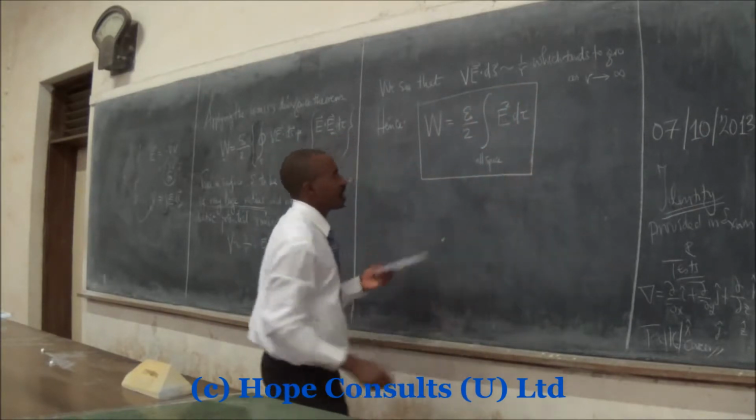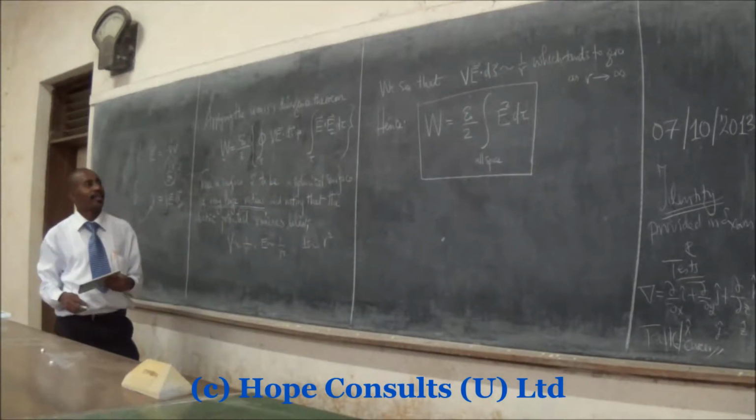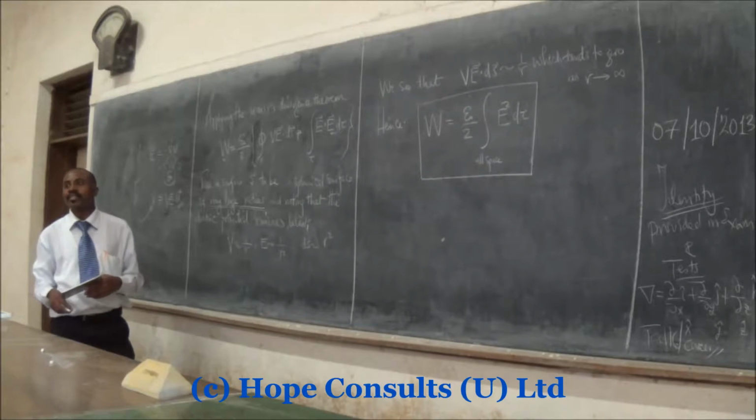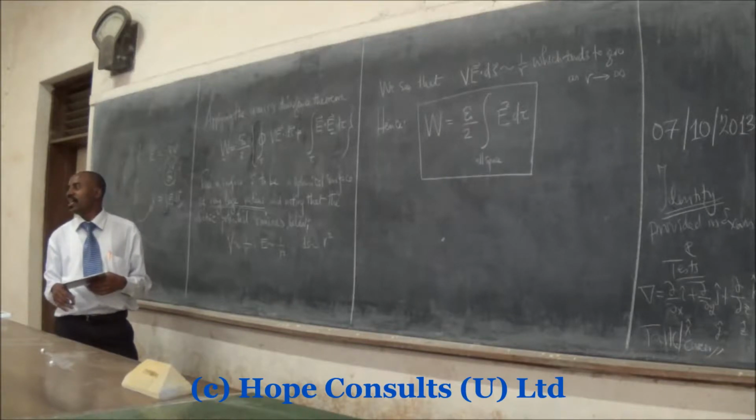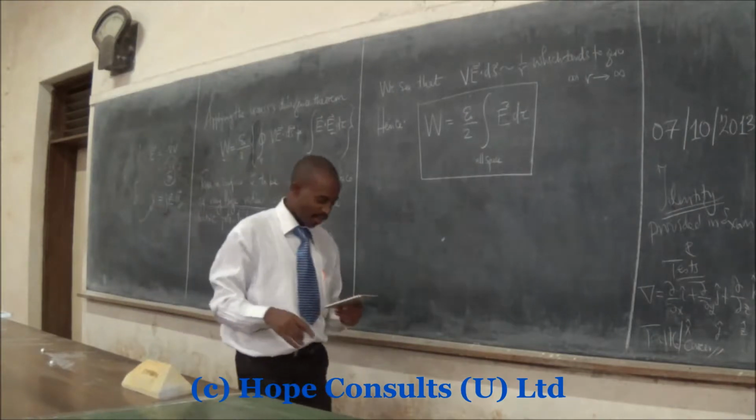I normally ask this: show that the energy of a given charge distribution is given by epsilon naught over 2 integral E squared d tau. It's a common question. Whether I bring it or not is not the issue here.